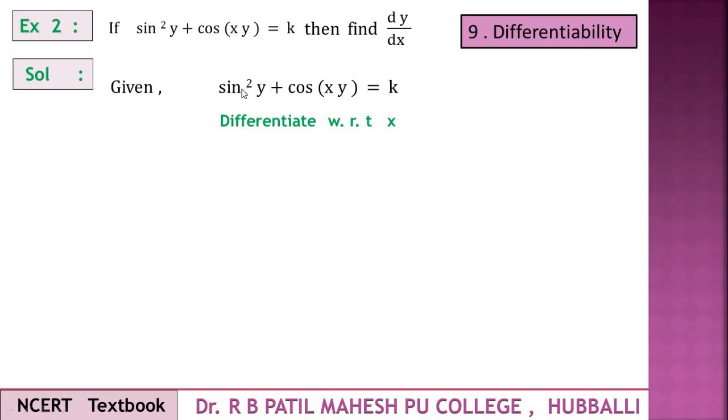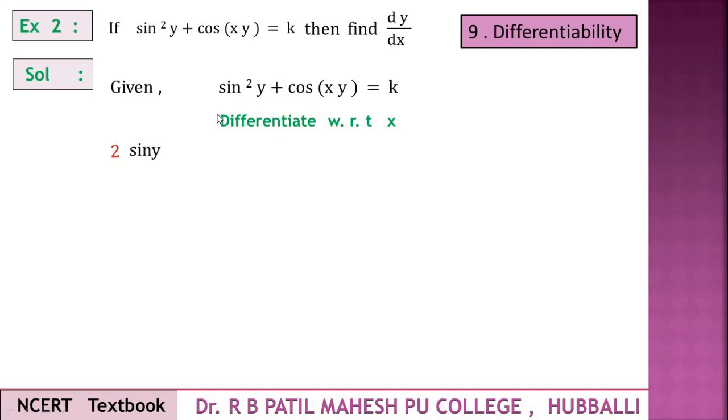You learnt composite functions so many times, you have to identify that one. So sine square y is nothing but the function raised to n form. So you know how to write a derivative for function raised to n: n into function, that is sine y, whole raised to n minus 1, that is 2 minus 1 is 1, so here no need of writing power 1.